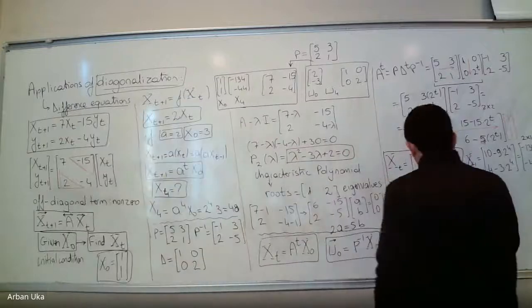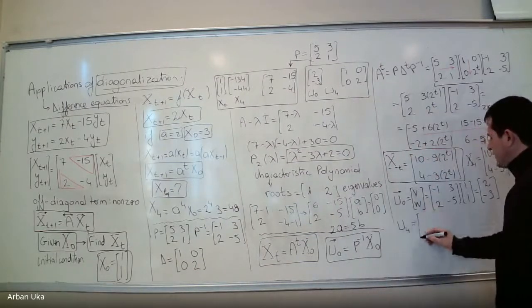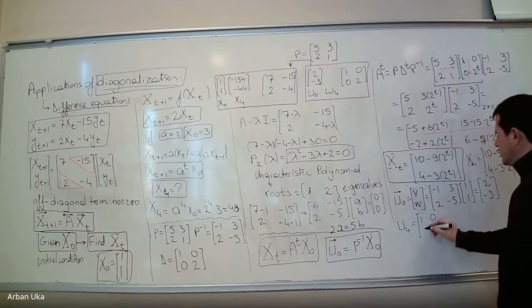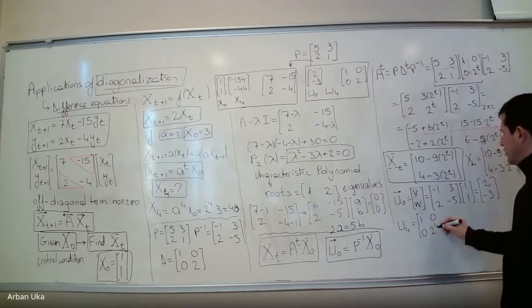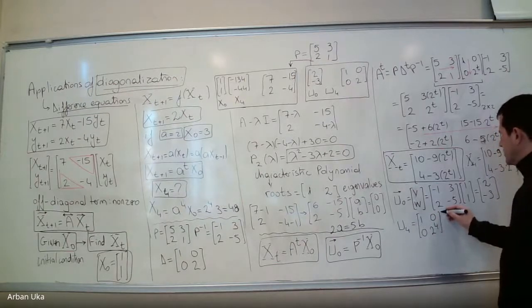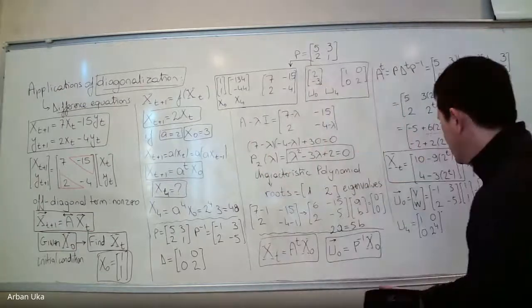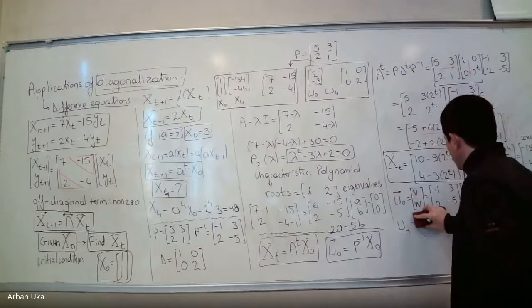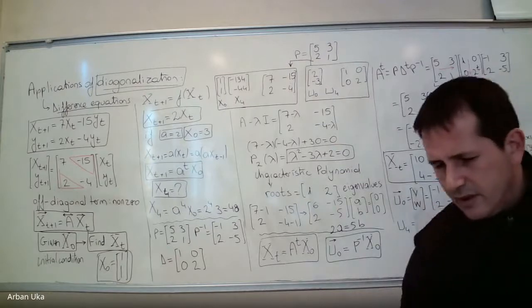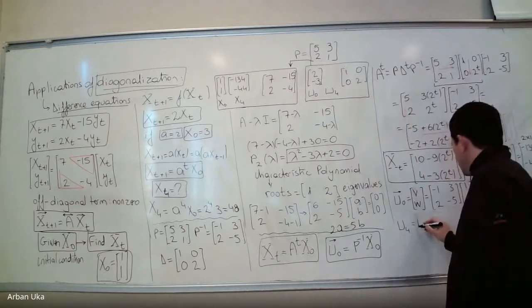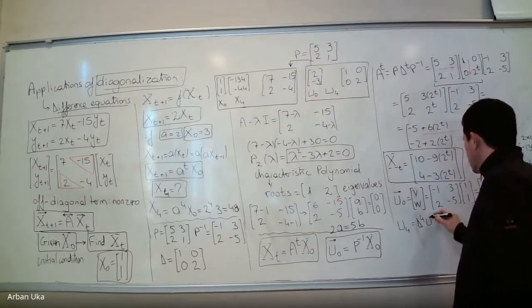The u4 is going to be equal to 1, 0, 0, 2 to the power 4 times u0. Or let me write this in the formal formulation: u4 is equal to d to the power 4 times u0.